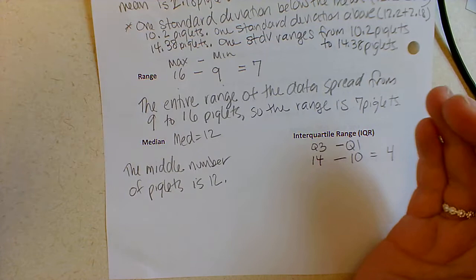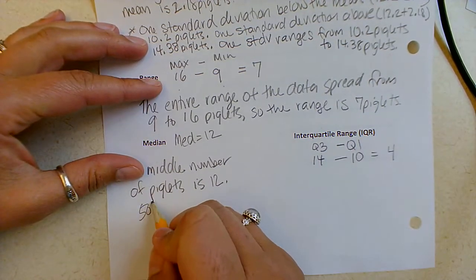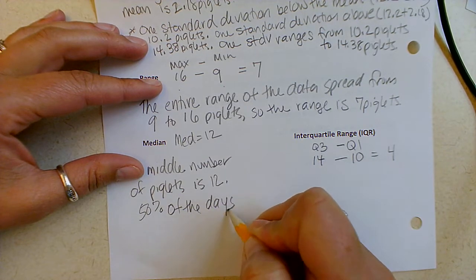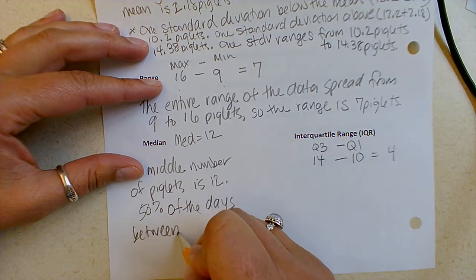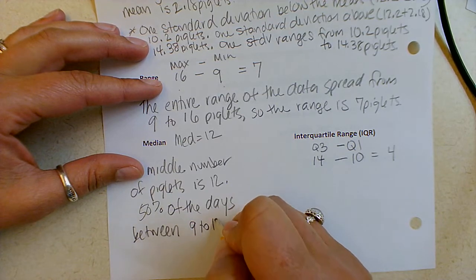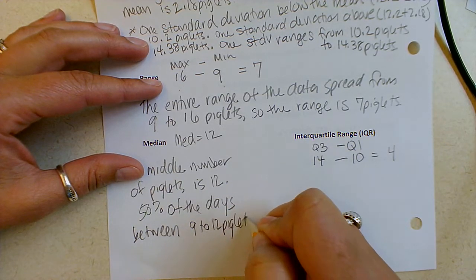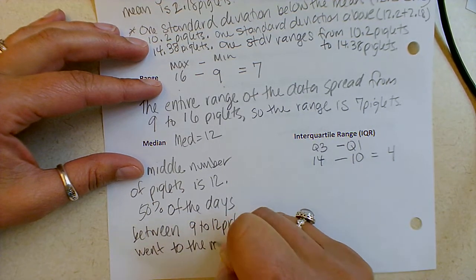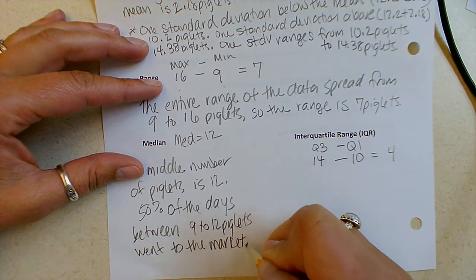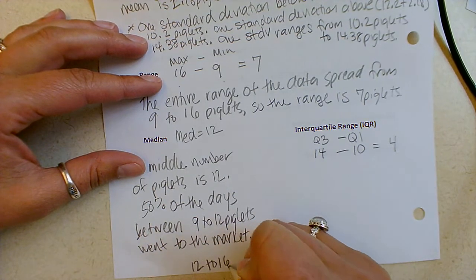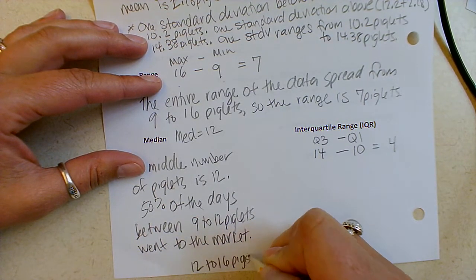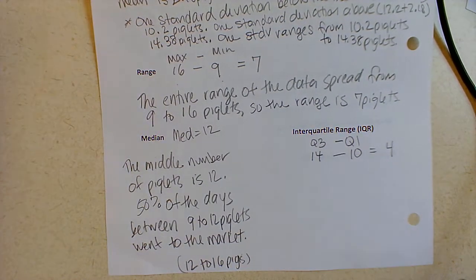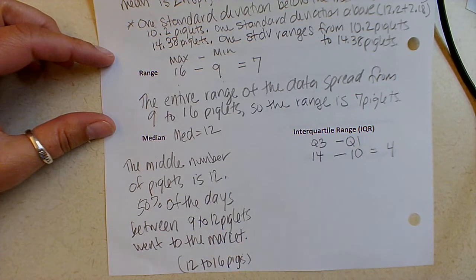So remember, that brings in your 50%. Between 9 to 12 piglets went to the market. And you can do the other way too. You can do 12 to 16 pigs if you want to go to the higher end. So above 50%, below, but that lucky number is 12 piglets.